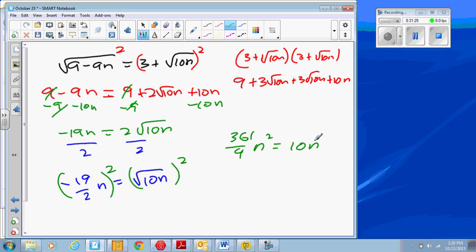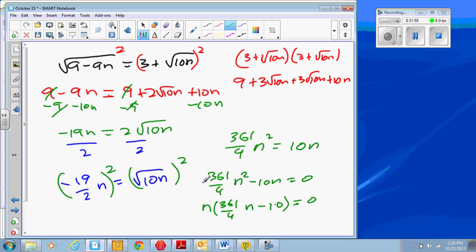Now to solve this one, it's a quadratic. We're going to set it equal to 0, so I have 361 over 4n squared minus 10n equals 0. So factor out an n. So I have, oh my gosh, this is going to be a mess. n parentheses, 361 over 4, n minus 10 equals 0.